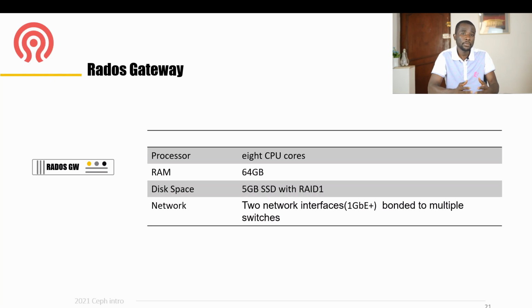And concerning the RAM, you can provision 64 gigabytes of RAM for this node. This node should be connected on the public network, and it has to have at least two interfaces configured in bonding.